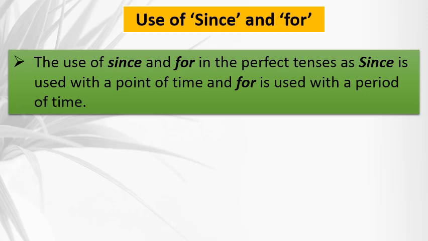A period indicates a minute, that is 60 seconds, 40 seconds, etc. 1 day, that is 24 hours. 1 week, that is 7 days. 1 year, that is 12 months. Fine. A point indicates a moment, that is 10 o'clock. A day, that is Sunday, Monday. A date, that is December 1, December 2, like this. A year, that is 2019, etc. Fine. So this is the difference between point and period.